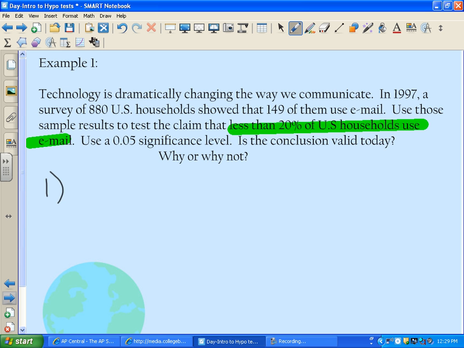Okay? So, step number 1, don't use anything data-wise. You're identifying what the population is that you are studying. In this case, the thing we're going to make a judgment about is what? So the true proportion of United States.